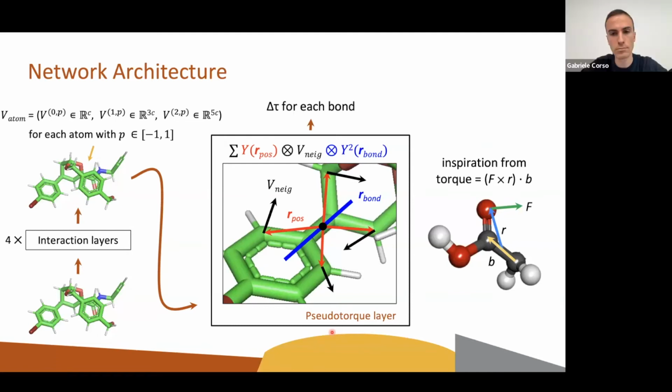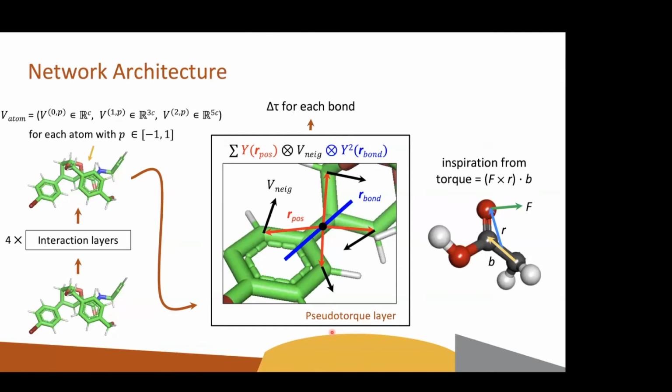Okay, so Bowen, again, why are we doing this? Oh, yes. We're doing this because we need to provide some information about the bond to the filter. Because of the way these filters are constructed, there's no opportunity for messages from different neighboring atoms to interact with each other.